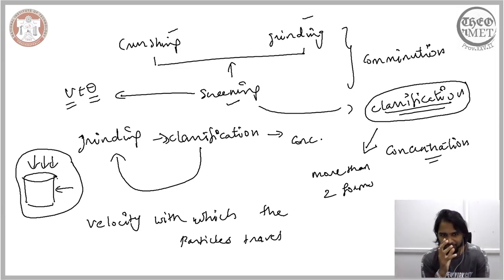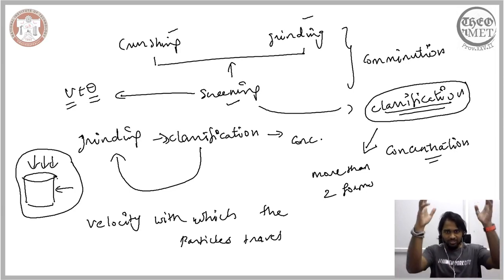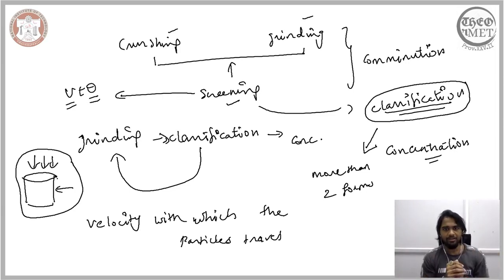However, if you think about this generalized description, wherein you are considering an empty cylindrical barrel and you are allowing the particles to fall through, and depending on the velocity at which they are falling, we are categorizing the different particles, there is a bit of inaccuracy associated with this description.